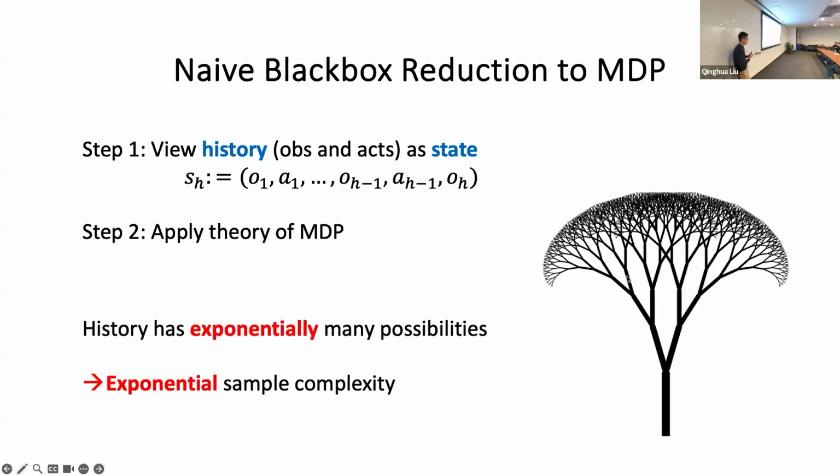But the drawback of this view is that in POMDP the number of different histories grows exponentially with your horizon length. If you solve POMDP using this black box reduction, then you will get an MDP of exponential size, and blindly applying existing MDP algorithms or theory may cause exponential sample complexity.